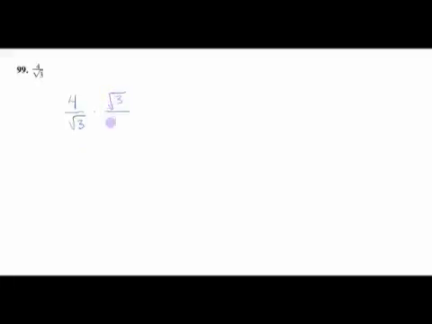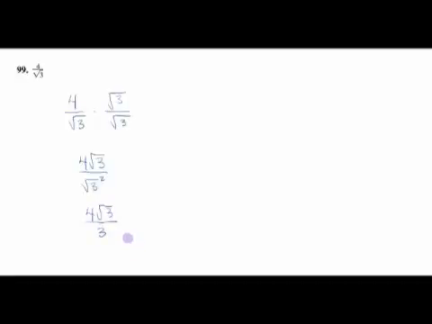So I'm going to multiply in another 3 in the denominator, and as long as I do the numerator as well, I'm multiplying by 1, so I haven't changed the value of that radical. That gives me a 4 square root of 3 on top and a square root of 3 squared on the denominator, which is a 4 square root of 3 over 3.